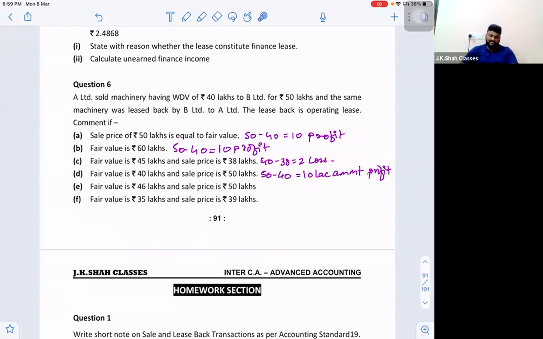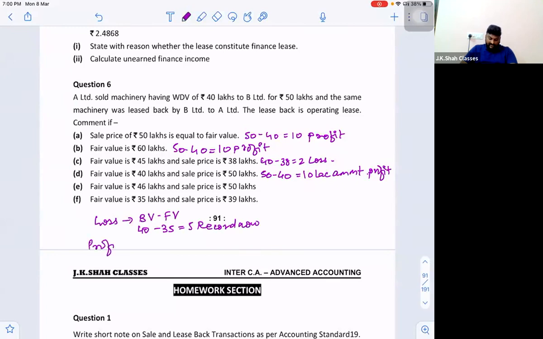How net loss? Sir, simple na, 40 lakh worth of asset is sold for 39. So there should be a net loss of 1 rupee. But we don't show directly net loss 1 rupee. We will show two things over here. First, we will show loss. What is loss? Book value minus fair value, that is 40 minus 35, 5 rupees, we will say record now.